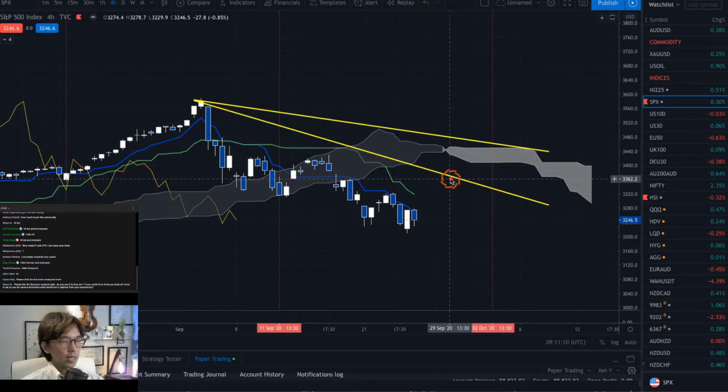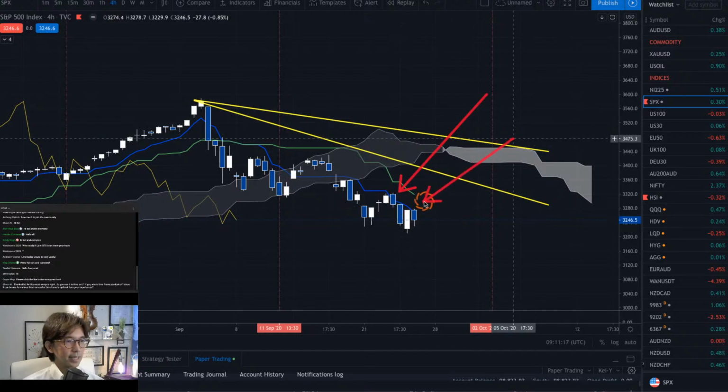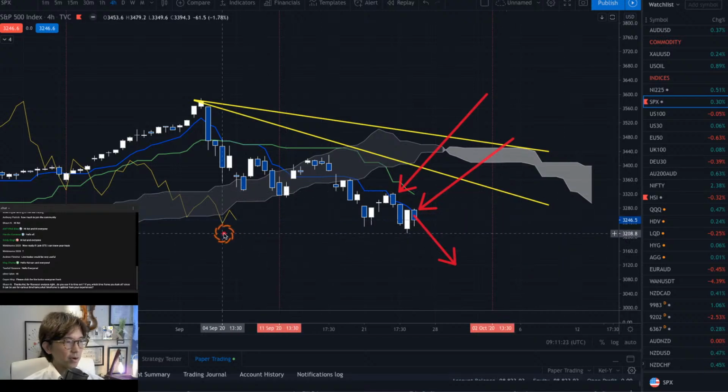Also, the recent candles look like the price has been resisted by this Tenkan Sen a couple of times. So I expect the price to continue to go down this way in this case. And also there is a clear Chikou span breakout of this Senkou span B here too, which is also significant for this super long-term trend.